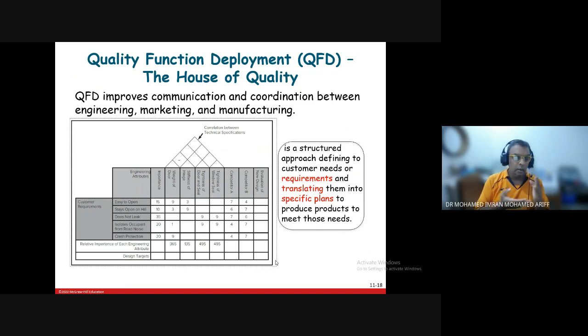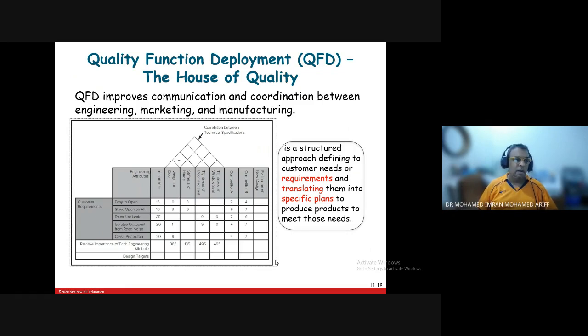However, in order for you to solve these requirements, you need inputs or help from other departments as well. So maybe you need 15 inputs from this department, this department, this one. That's why you have quality function deployment. Which department is going to handle this?